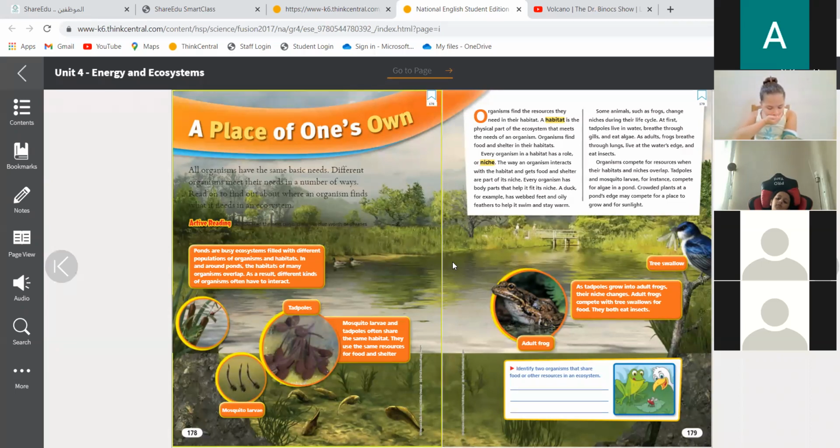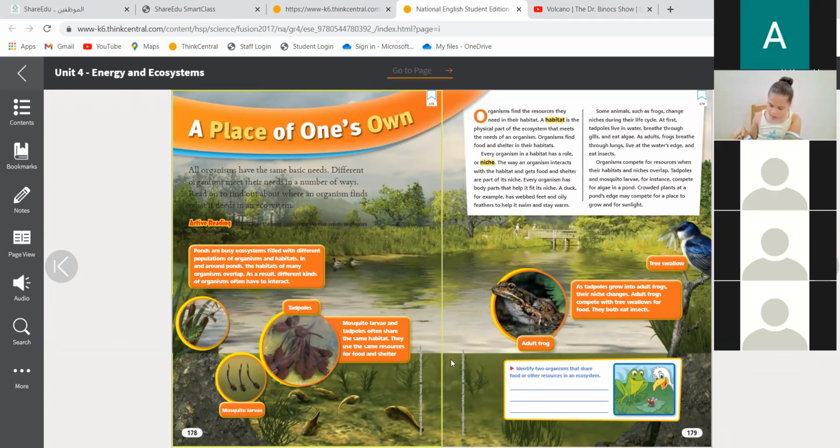Okay, where does a frog live? Miss, the frog lives in a lake. Miss, and also we have the thing that lives in a pond. Upon what?